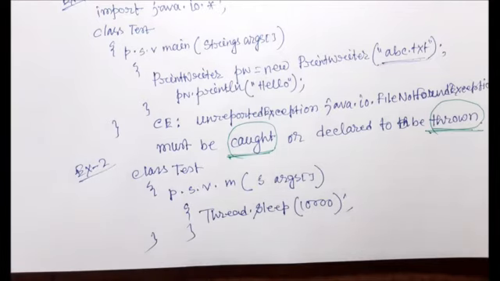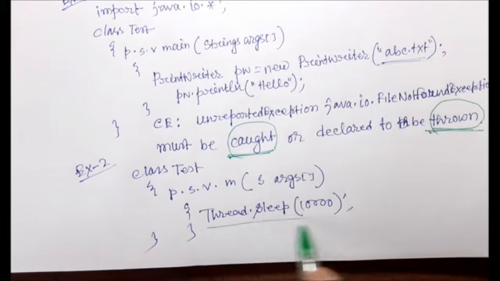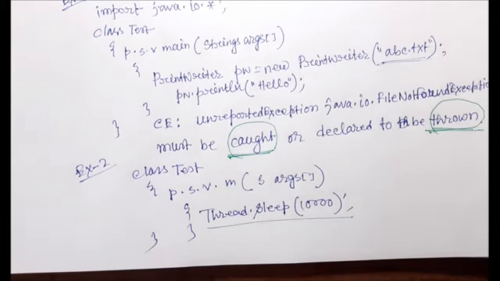Now here we also get the same type of error, a compile time error. Why? Because we are using Thread.sleep but I have not handled the exception. I have not written a try catch block anywhere. In the previous example of the Thread class, we saw that when we call the Thread.sleep method, we have to explicitly handle the exception.